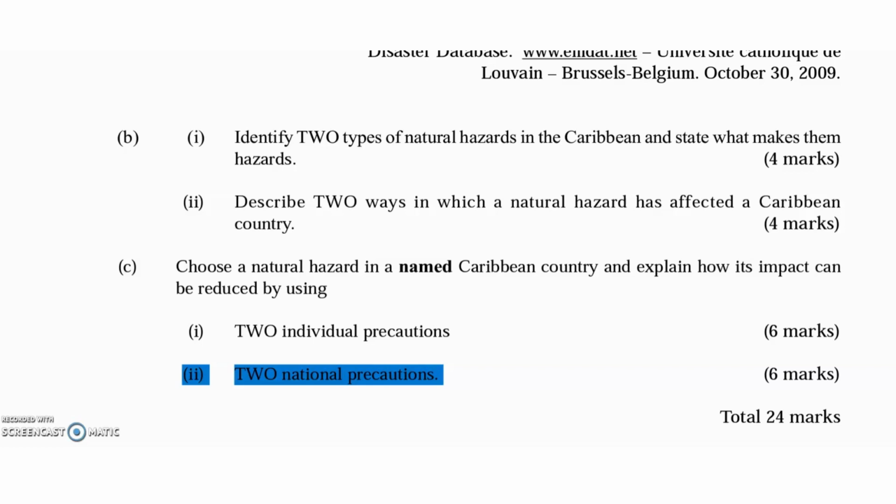But generally, given the small size of Trinidad, everybody would basically have to take precaution, right? At the same time, the national body, which is the Office of Disaster Preparedness and Management, will have to issue bulletins and flood warnings, as well as warn persons in close proximity to the peripheral areas of the coast to vacate these areas, especially those which are prone to flooding and storm surges.